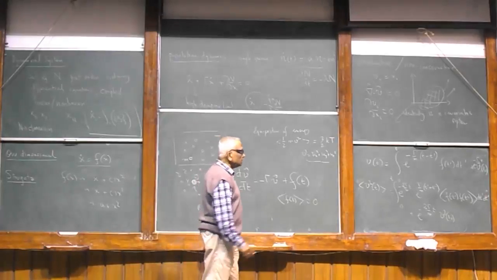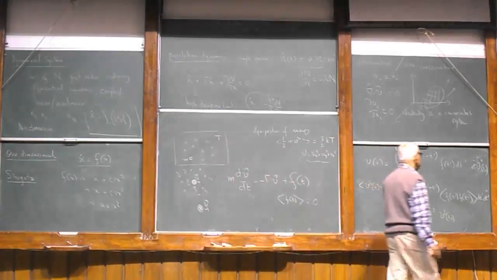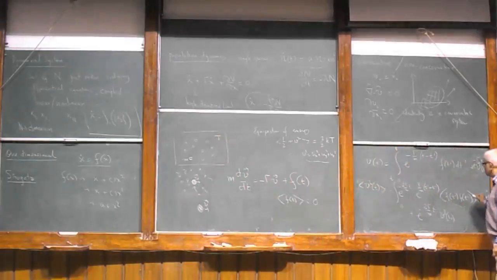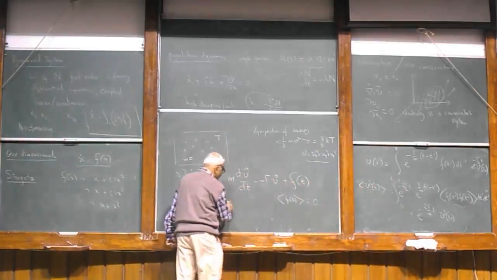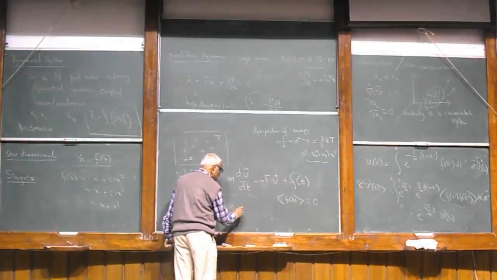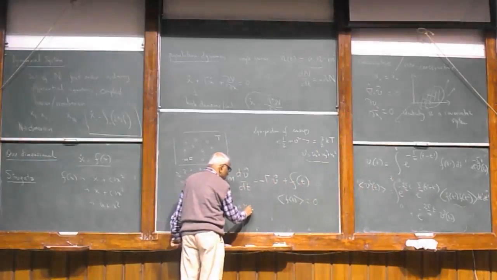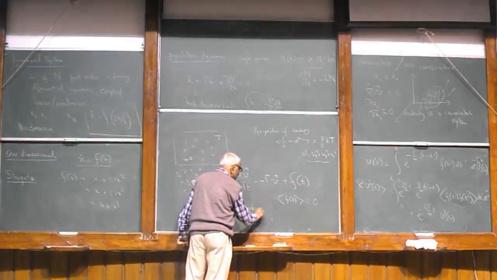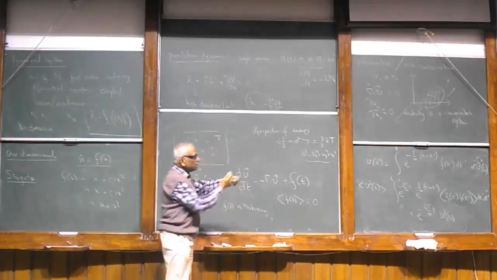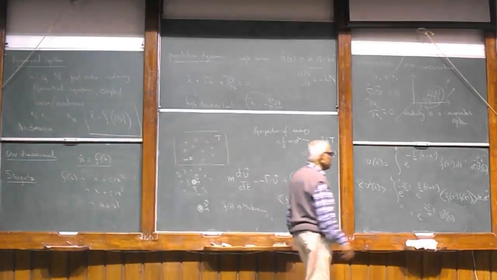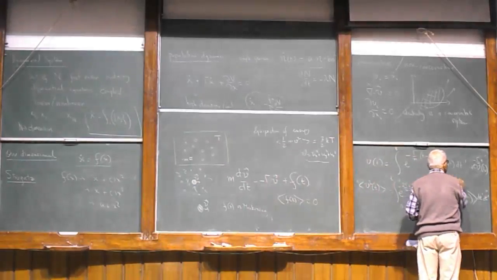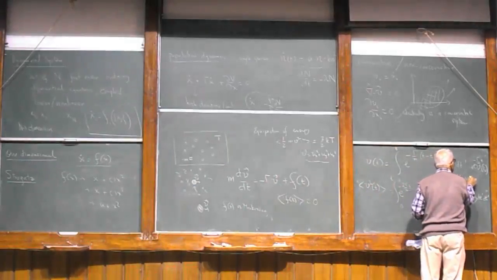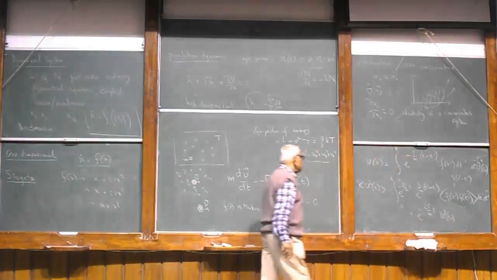Now I have to say something about this noise, otherwise I'm stuck. So you make the usual statements. F of t is Markovian, that is, it depends only on t, and it is uncorrelated at two different times, so the correlation carries a delta function, delta of t minus t double prime.